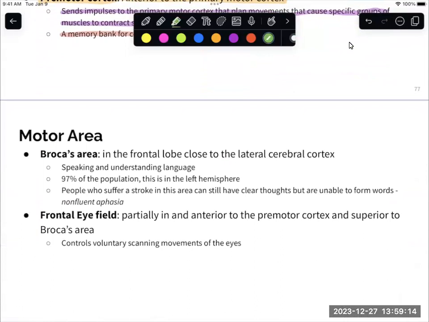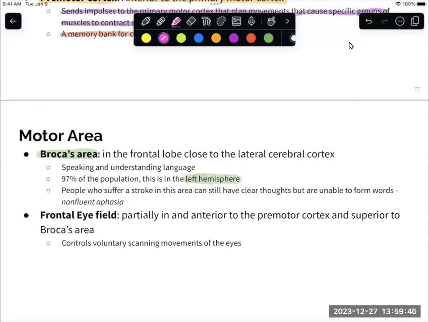We have Broca's area. Broca's area is known as motor speech. So this is the area that allows people to be able to move their mouth and tongue in a certain way to produce words. And in most people, this is found only in the left hemisphere.